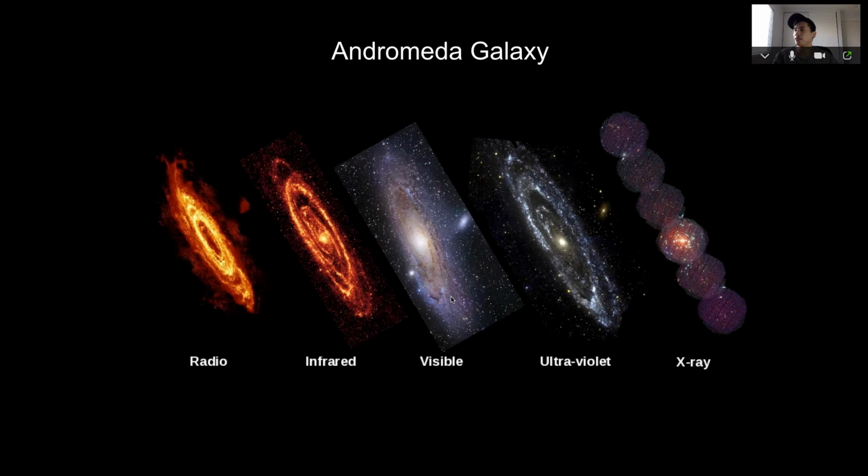The visible light, the fact that you're seeing so many different colors there, tells you that you have a bunch of different colored stars living in the galaxy. And here's a pattern that you can see. On the outer disk of the Andromeda galaxy, it's bluer, and on the inner part, meaning the central part, it's redder.